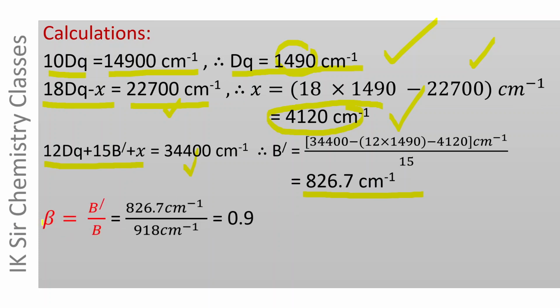And we know that beta is equal to B' by B. B' has been calculated and found to be 826.7 cm⁻¹, while the value of B has been given in the table discussed in the previous video, and it is equal to 918 cm⁻¹, and the value of beta comes to be 0.9.